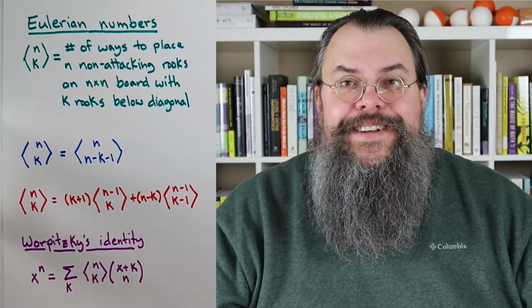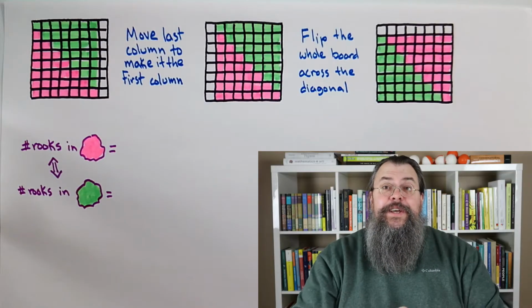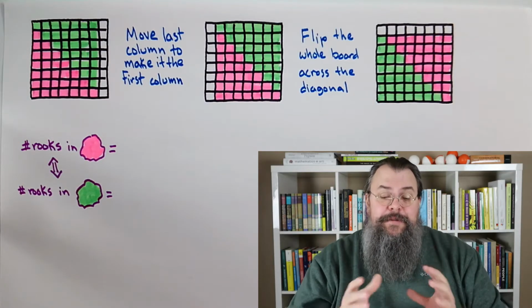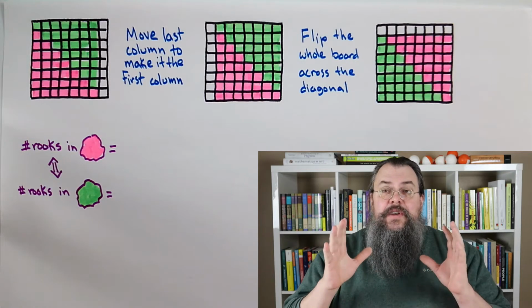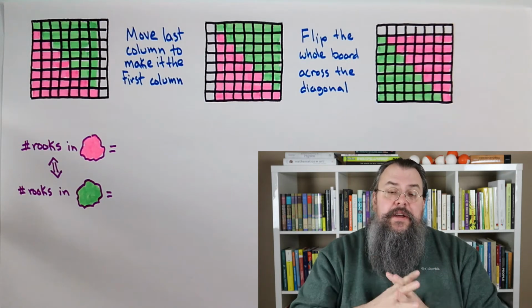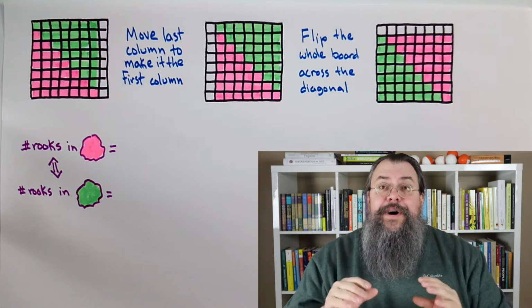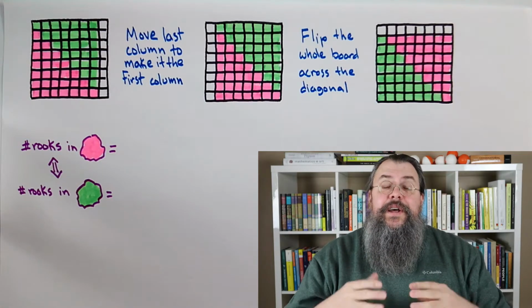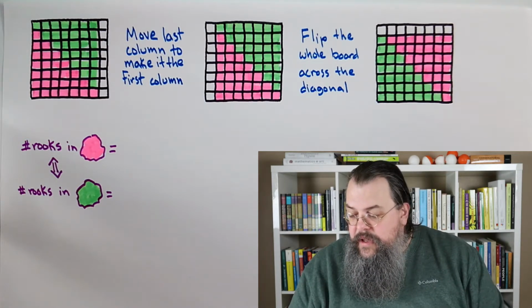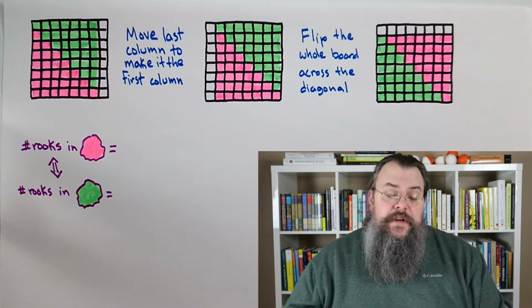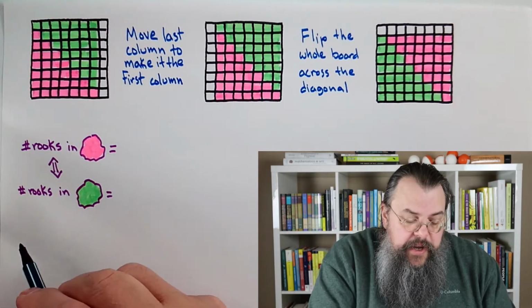Let's begin. So our first thing is we're going to talk about our symmetry. And here's how we're going to think about it. We're going to do what's called a bijective proof. Now, what does that mean? Well, the notion of a bijective proof is to say, look, I want to find a pairing.